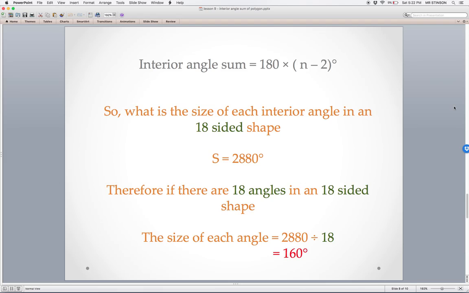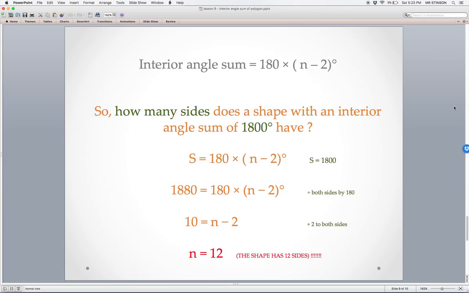The total sum of all the angles divided by the amount of angles in the shape. And our solution would become 160 degrees.